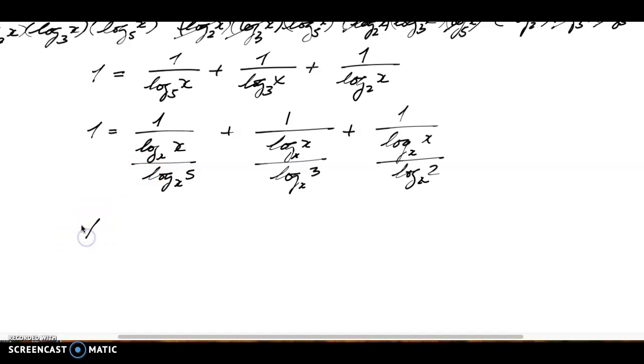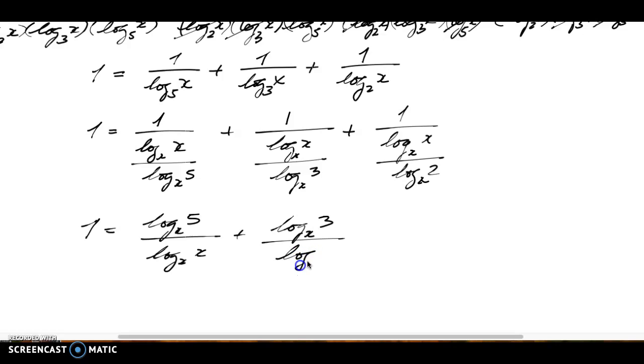So this is going to be 1 is equal to log base x of 3 all over log base x of x, plus log base x of 2 all over log base x of x. Now I'm doing a lot of extra steps, you don't have to, because some of you will already notice where I'm going with this, but this is just for clarity.